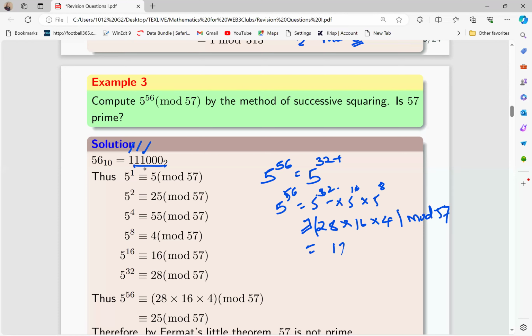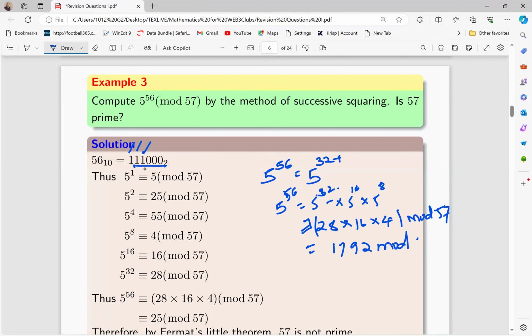17, 22 mod 57. So it is 5, 56, 1792 mod.